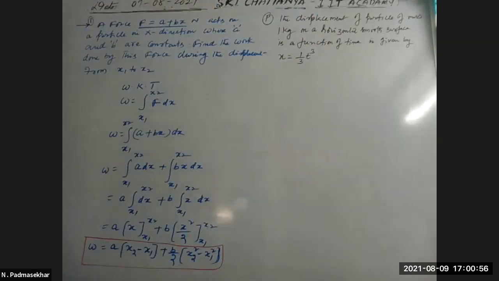T cube is there. Find out the work done by the external agent for the first 1 second.